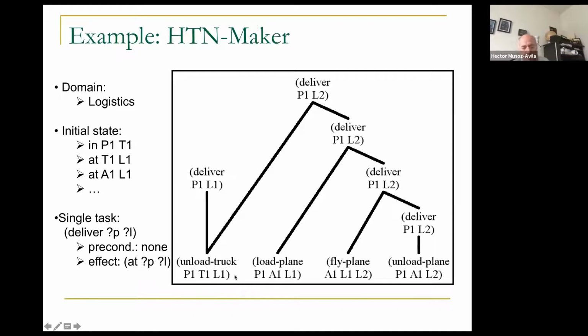And once it applies the method and it will load the package, then this method will no longer be applicable because the package will be in the location. It's no longer in the truck, and therefore this other method will be applicable. So that's the way the system HTN Maker uses that.